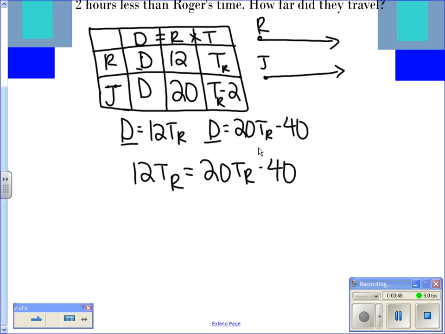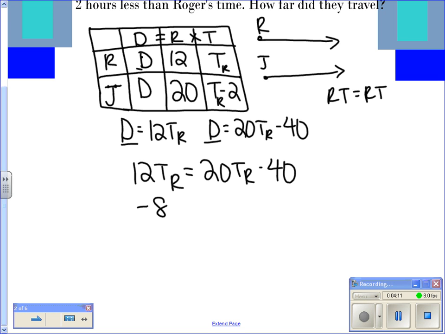This is his rate times his time, right? And this is rate times time for Judy, right? So if they go to the same distance, rate times time is equal. Does that make sense? Okay. So what would you do to solve?